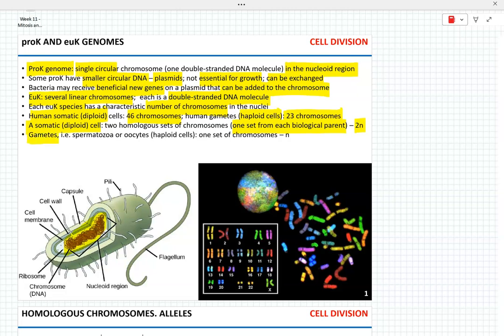In gametes, on the other hand, such as sperm cells or oocytes, we have a haploid set, one set of chromosomes, 23.